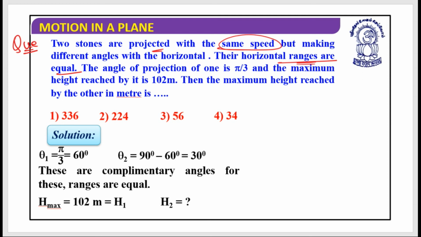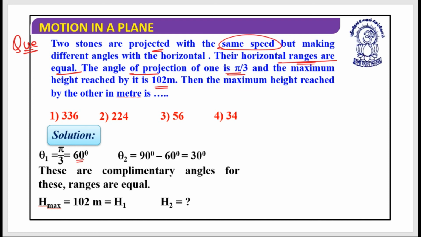They also say that the angle of projection of one is pi by 3, which is 60 degrees, and the maximum height reached by it is 102 meter. Then the maximum height reached by the other is required.